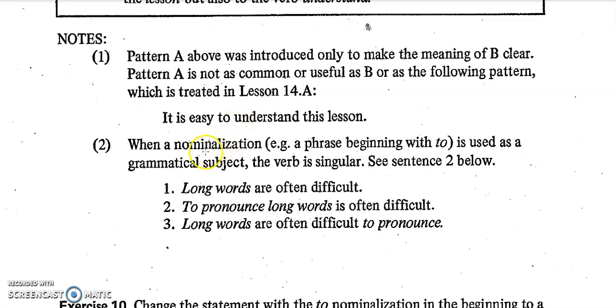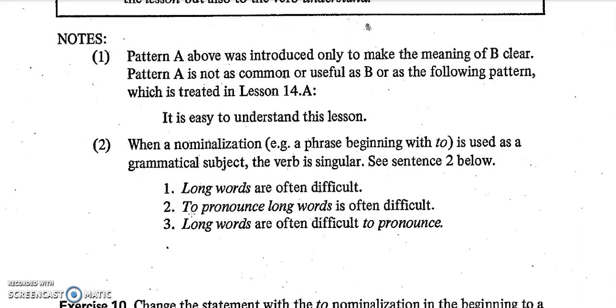Okay, and then when a nominalization, a phrase beginning with to, is used as a grammatical subject, the verb is singular. For example, long words are often difficult, or to pronounce long words is often difficult. Long words are often difficult to pronounce. Here is what you call nominalization. Nominalization means making a verb or adjective and others into a noun.